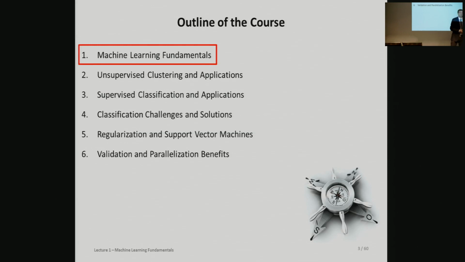And there are the most parallelization benefits, where we not only do the validation steps in parallel, we can also parallelize the search phase so that we get good parameters. All of this will come at the end of today, and tomorrow much more in depth when we think about support vector machines.